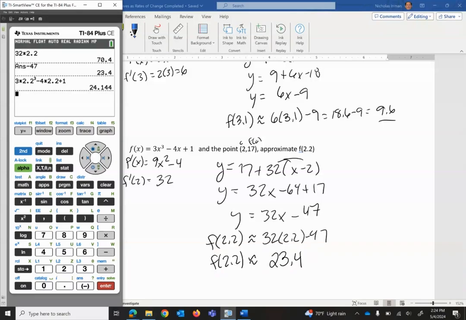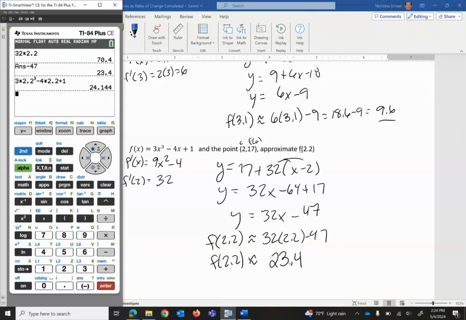All right, 24.144. All right, so a little bit off by about 0.7, so not quite as great as that last problem, but still in the right ballpark.